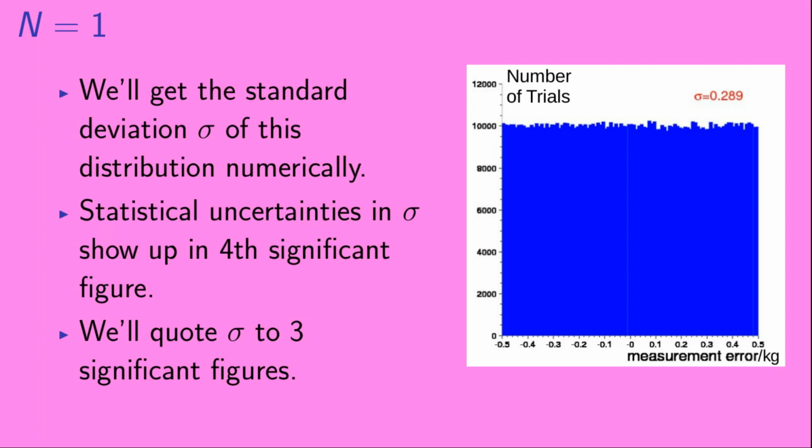Now, we're going to get the standard deviation, which we call sigma, of this distribution numerically. It turns out that the statistical uncertainties in sigma will show up in the fourth significant figure. So in order to avoid confusion, we're just going to quote sigma to 3 significant figures.